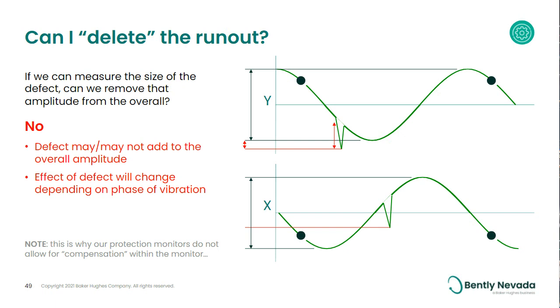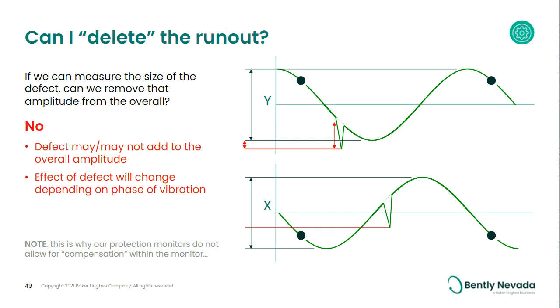So you see the tip of that scratch doesn't really add to the overall peak-to-peak amplitude of the vibration signal. So depending on the defect and depending on the phase, the effect may or may not add significantly to the overall amplitude. So just simply deleting it or compensating for it like that is not really possible.